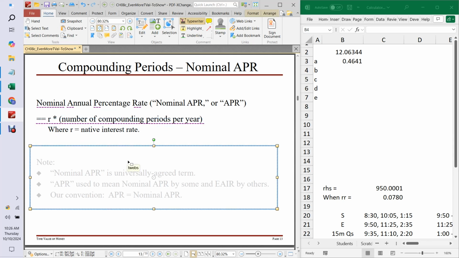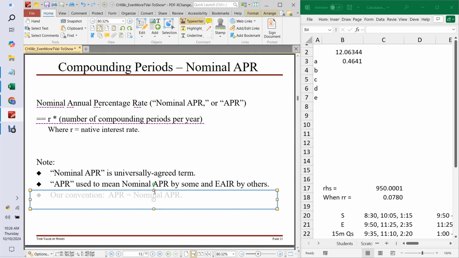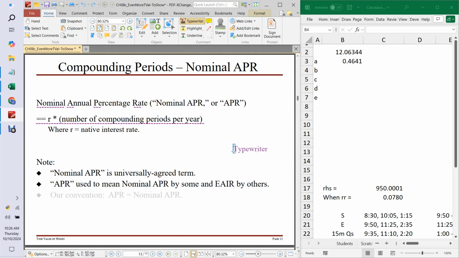And we need to know one important real-world feature of nominal APR. Whenever you hear nominal APR, everybody agrees that it means your native interest rate times the number of compounding periods per year. However, often you'll see in advertisements and other places folks using the term APR instead of nominal APR.